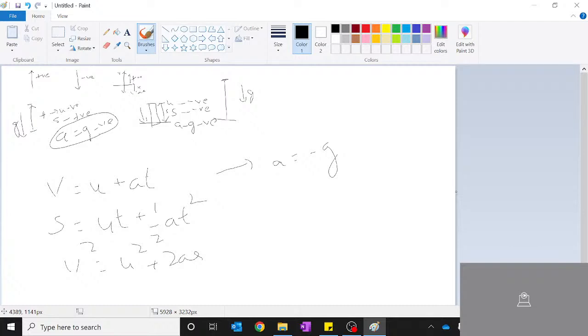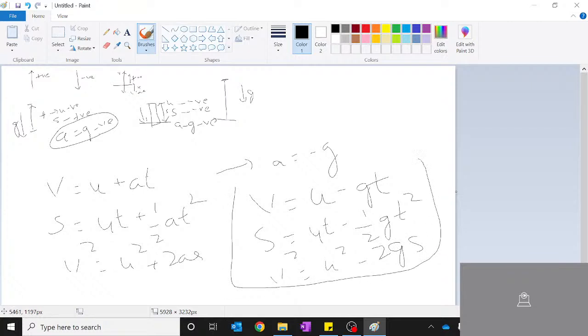So my first equation will be v is equal to u minus gt, s is equal to ut minus half gt square, v square is equal to u square minus 2gs. Simple. This is how your equations transform.